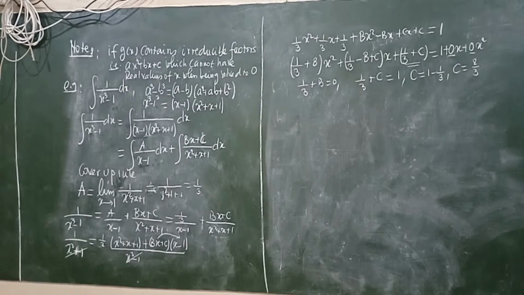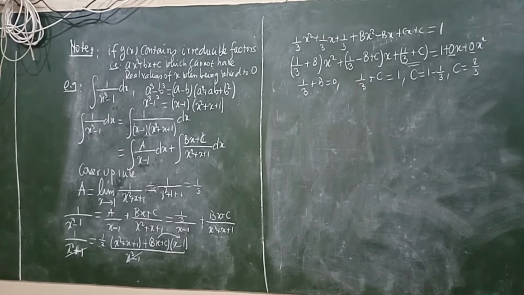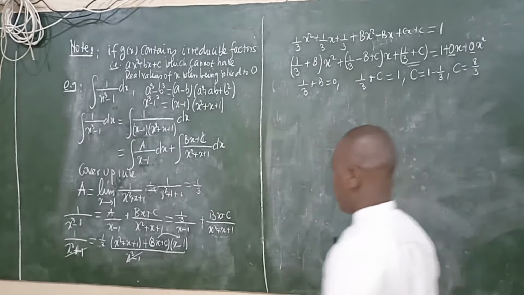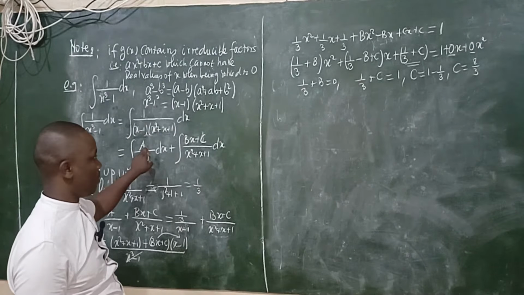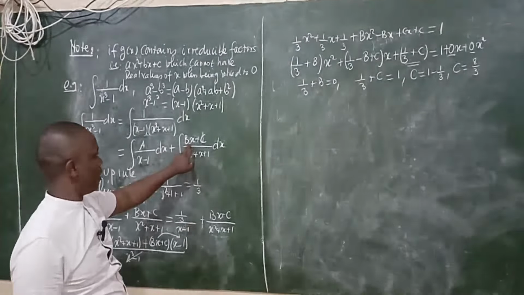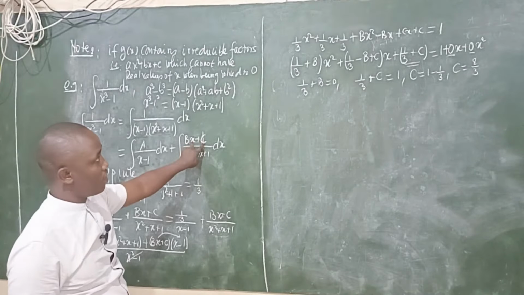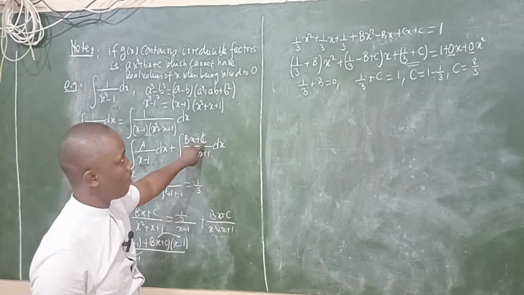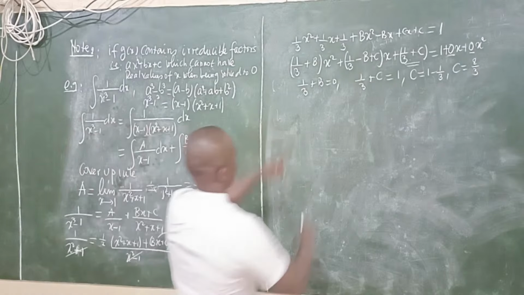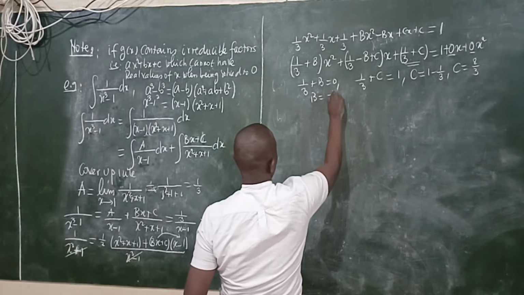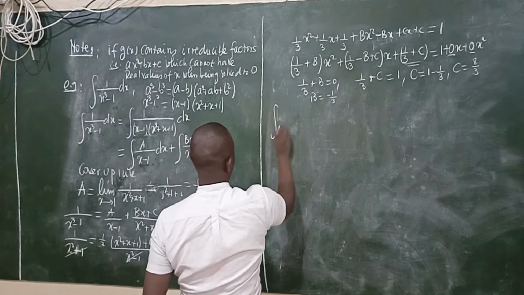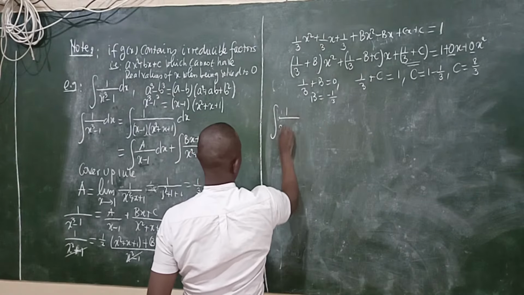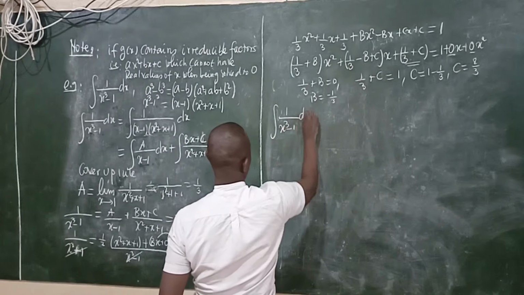Hope it's somehow clear. Now, what I'm going to do is to replace a by its value, b by its value, and c by its value. Here, b must be minus 1 over 3. So let's continue with the question. Integral of 1 by x power 3 minus 1 dx.